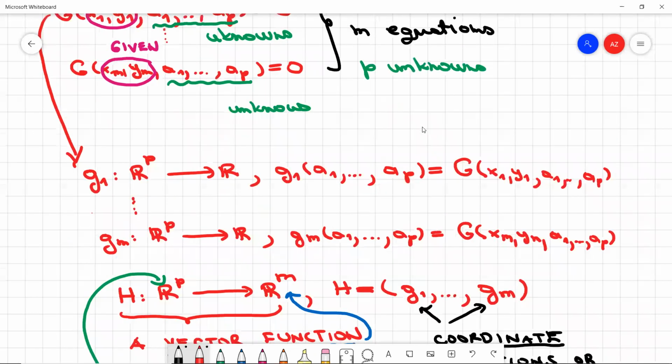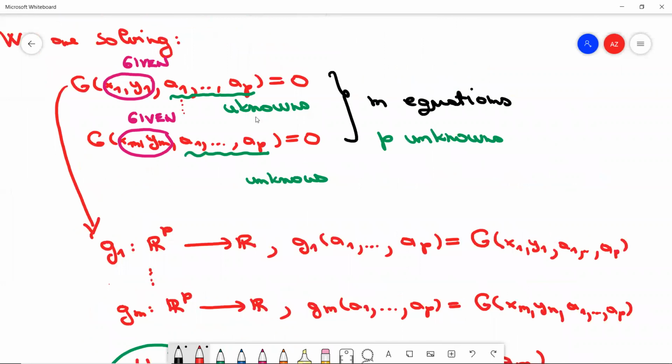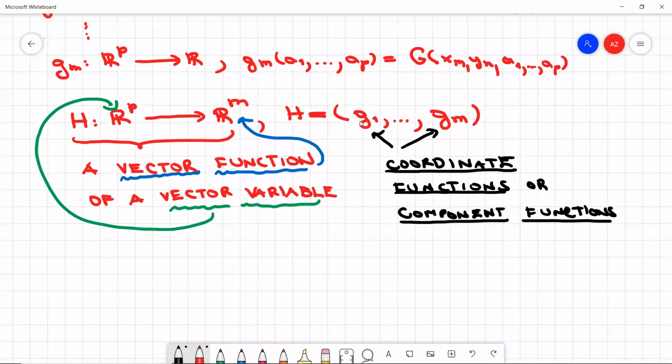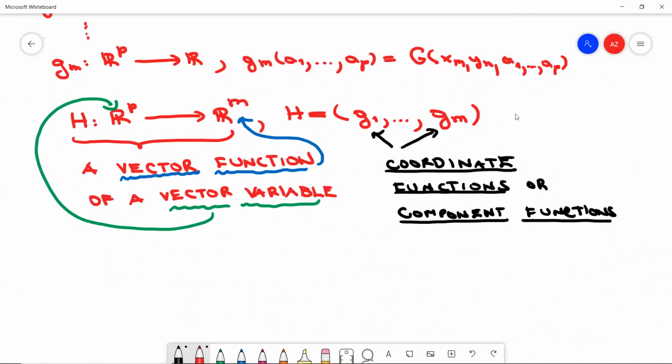And so in our model, we built those coordinate functions so that we are searching for its zeros. So here, what we are searching for, our goal is to determine the zero of h.